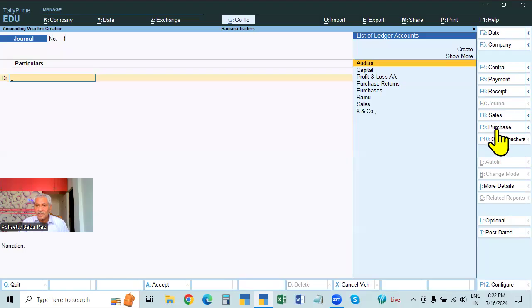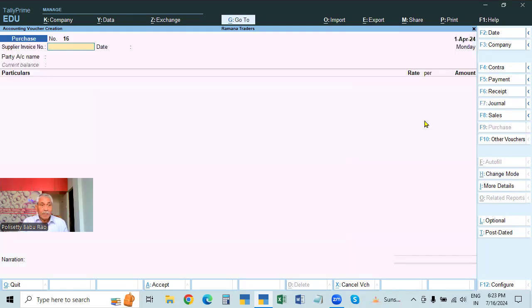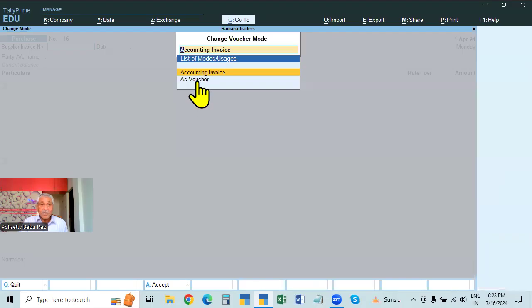Then we'll go to sales and purchases. First we will take purchases. In the two earlier cases, single entry and double entry were given. In this case also, double entry and single entry are given, but under a different name. For double entry it is as voucher. For single entry it is invoice voucher, as accounting invoice.